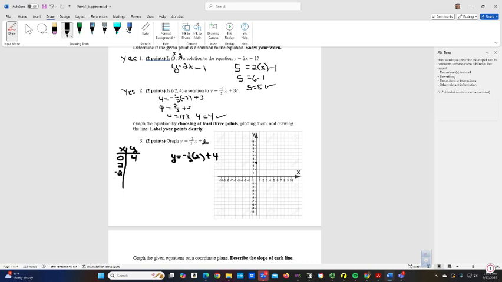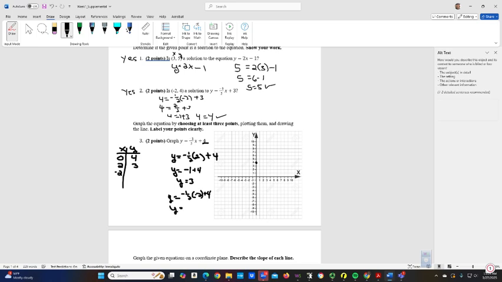And like we just saw before, when I take -1/2 times 2, I'm going to get -2 over 2, which is basically -1 plus 4. And then y is going to equal 3. So when x is 2, y is going to be 3. And then I'm going to do the same thing for -2. Y equals -1/2 times -2 plus 4.